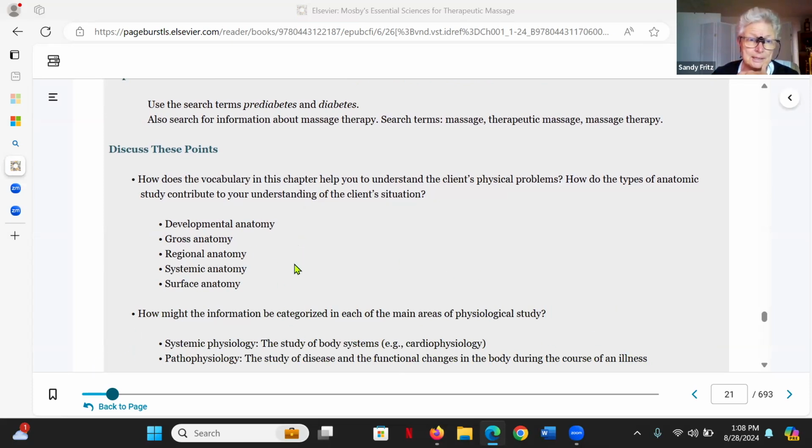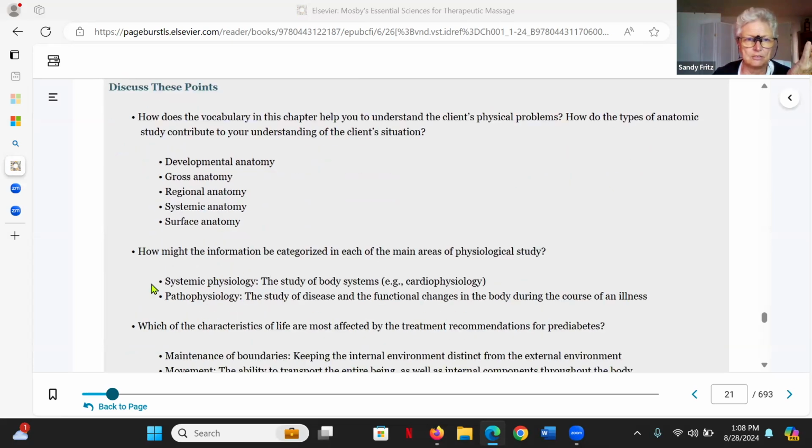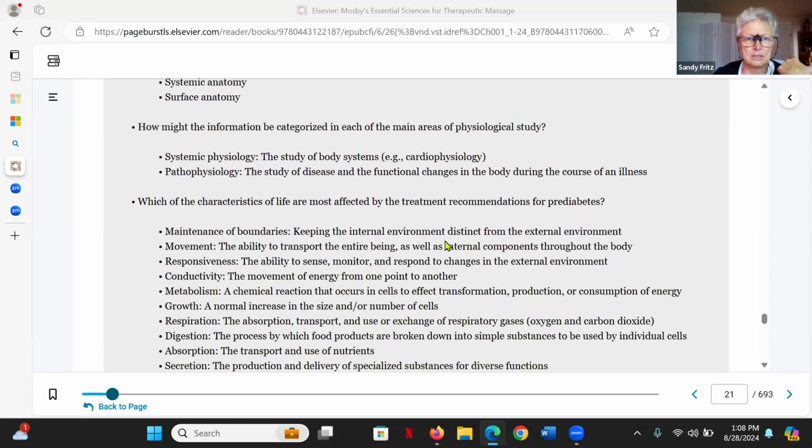With diabetes, I would certainly want to take a look at systemic anatomy. And then how is this information categorized into the main areas of physiological study? So we've got systems anatomy, systems physiology, and then the disease process, which is the pathophysiology.